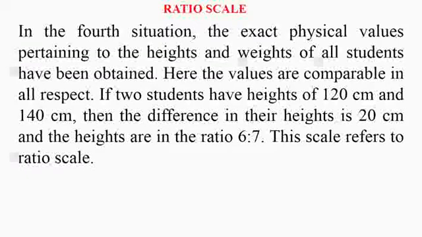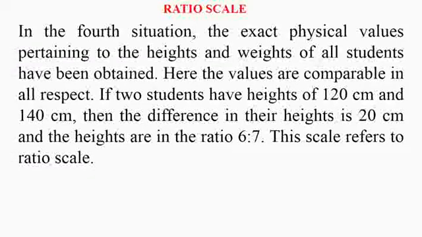So the exact physical values pertaining to the heights and weights of all students have been obtained. Here the values are comparable in all aspects. So if 2 students have heights of 120 centimeter and 140 centimeter, for instance, then the difference in their height is 20 centimeter, because it is measured and the exact measurements are taken.